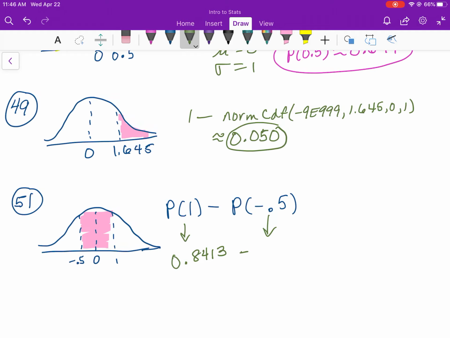Menu 552, upper bound changes to negative 0.5. And that's 0.3085. Then I'm going to subtract those two values, 0.8413 minus 0.3085. And I get about 0.533 when I round it to 3 decimal places.